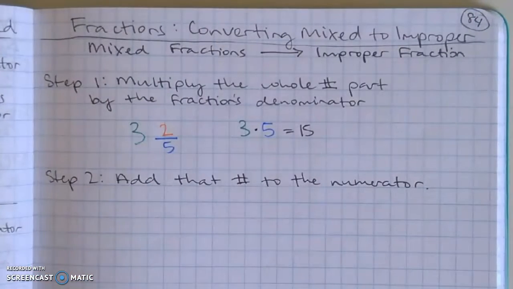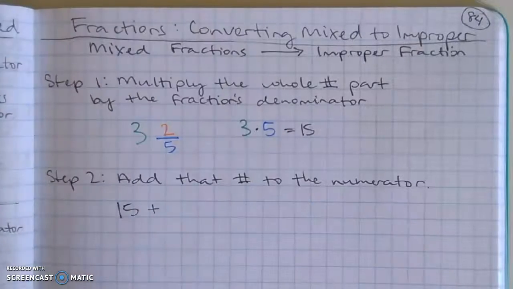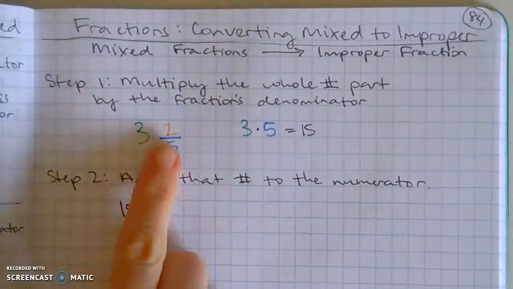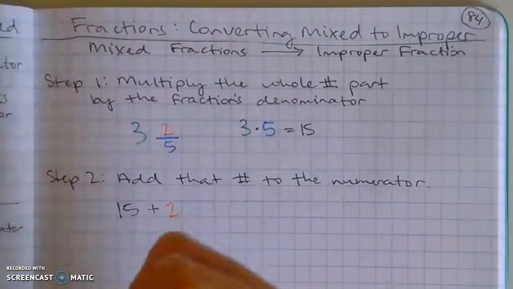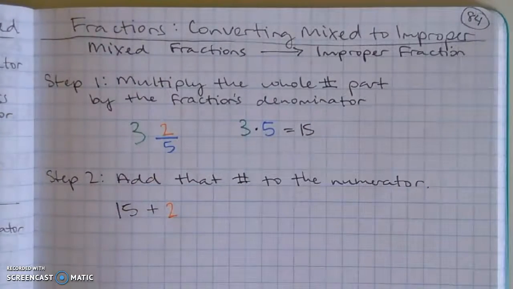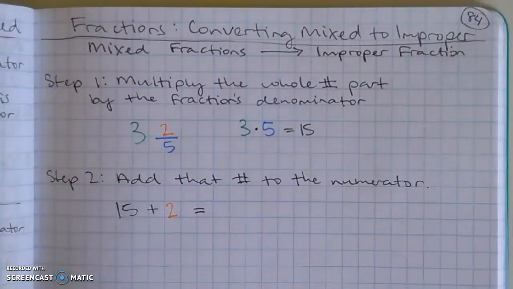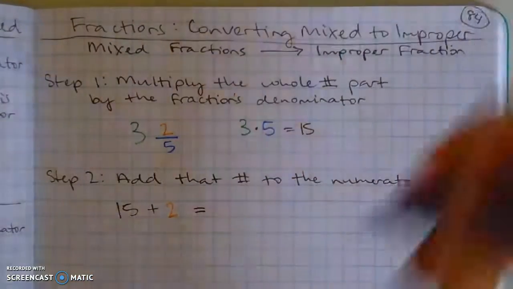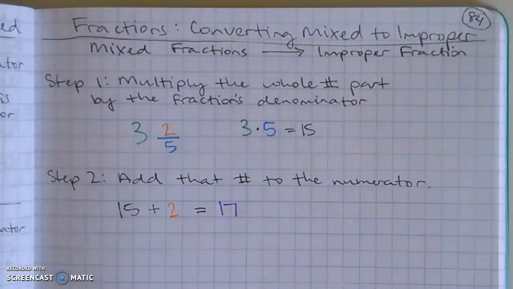So I'm going to take this number here, 15, and I'm going to add it onto the numerator that I had right here, which is 2. And that's going to get me a new number. And let's write that in a different color even. 17. Okay.